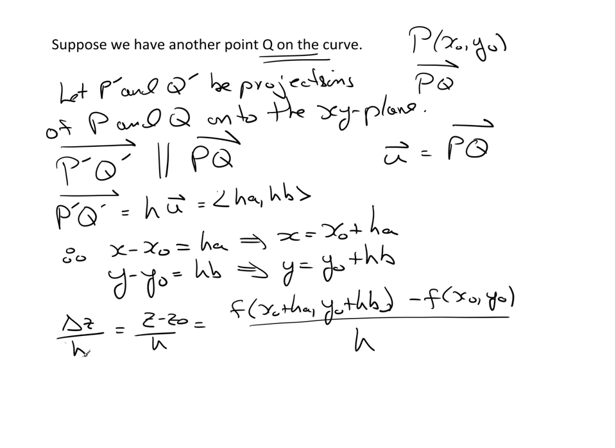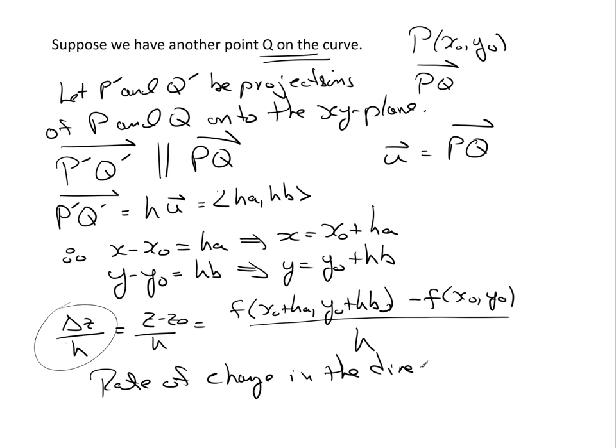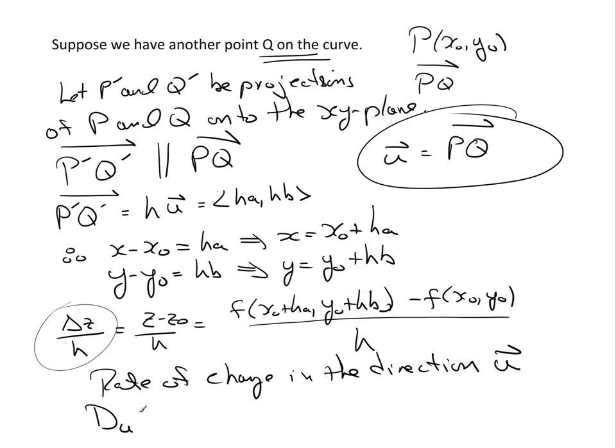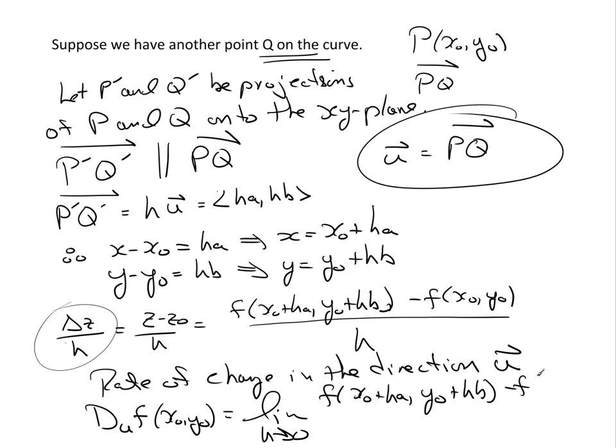The rate of change, because this is nothing more than a rate of change, in the direction of this vector u, which is in the direction of PQ, those two points on the surface, relative to z, because we're talking about the rate of change of z, I can then write as D sub u of f of x naught, y naught, which equals the limit as h goes to 0 of f of x naught plus hA, y naught plus hB, minus f of x naught, y naught, over h.